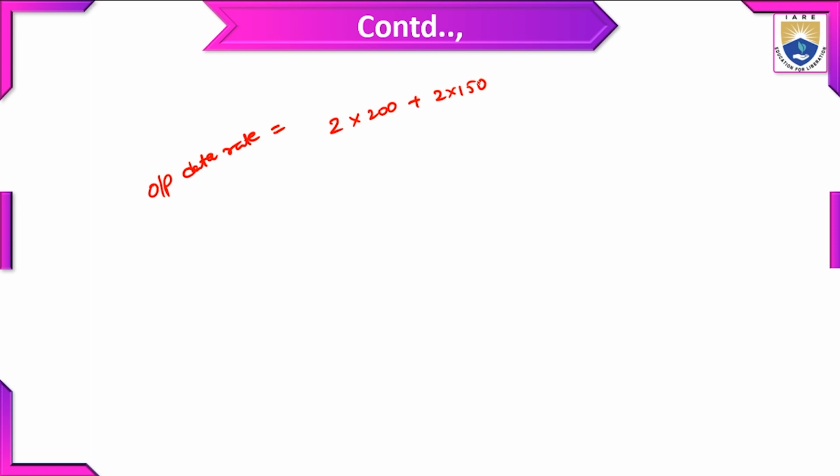Why? 2 channels are with 200 kbps and 2 channels are with 150 kbps. So totally, 2 into 200 is 400, plus 300 gives 700 kbps. So this is the output data rate. This much data is going to flow. Okay.